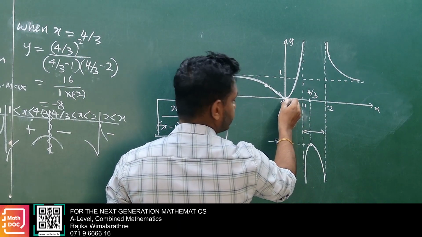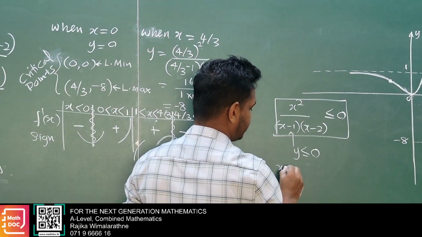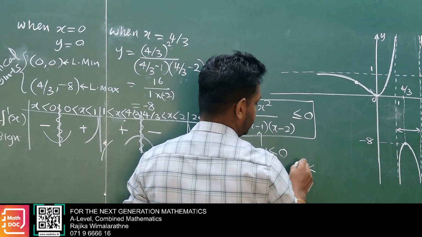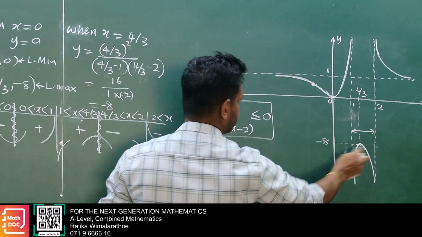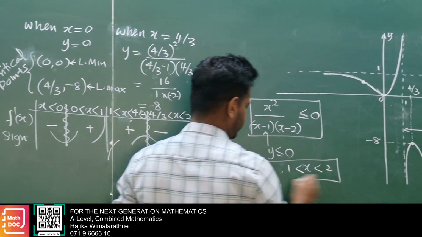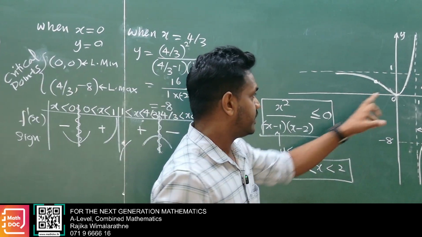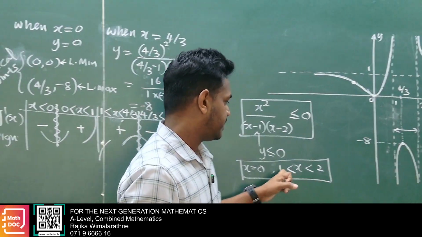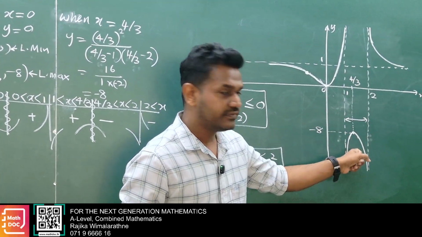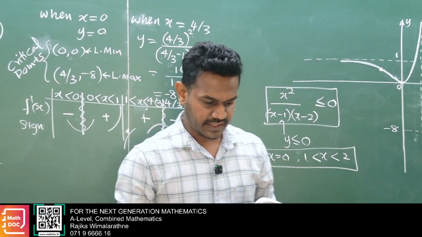Here again y is 0, so the solution is x equals 0, and x in between 1 to 2 is the solution set. Y is 0 here only, then the y negative region is 1 to 2.